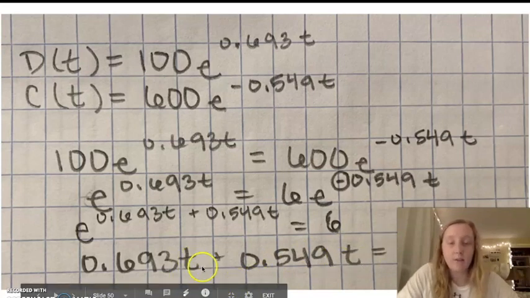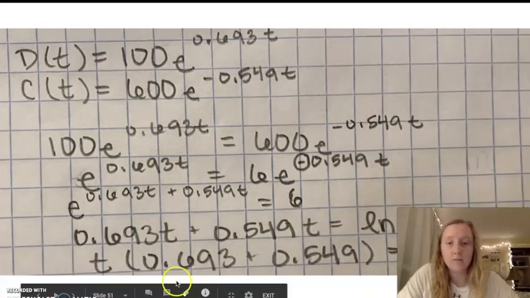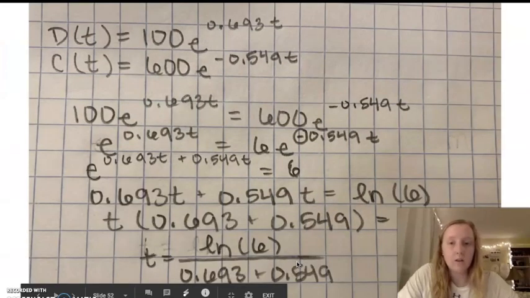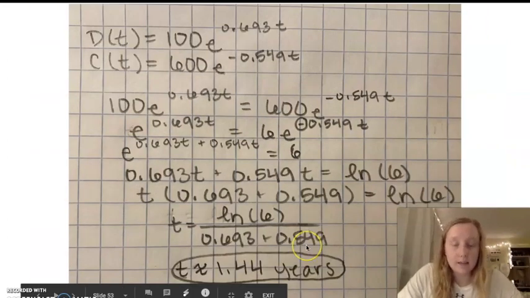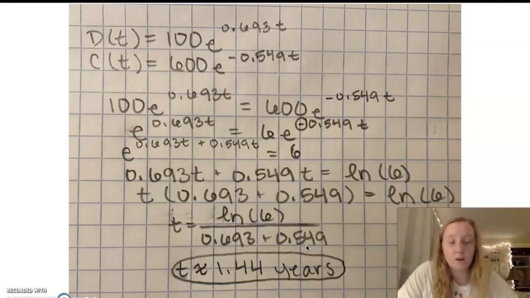And then we can factor out a t from both sides. And then divide by all of this stuff on the inside to get what our t is going to be. Now all we have to do is plug it into a calculator, and we get that t is approximately 1.44 years. So that means after about 1.44 years, the dog population will overlap the cat population.